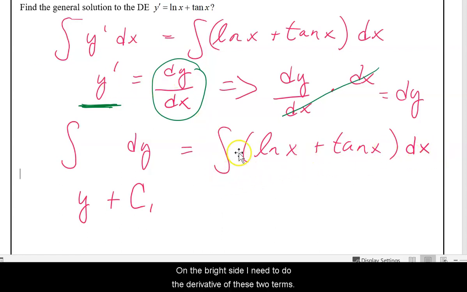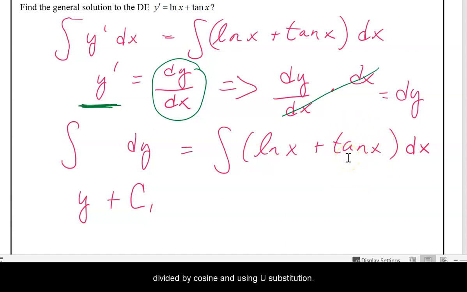On the right side, I need to do the integral of these two terms. The integral of natural log of x, of course, you'll have to compute using integration by parts. To integrate tangent of x, you'll need to write it as sine divided by cosine and use a u substitution.